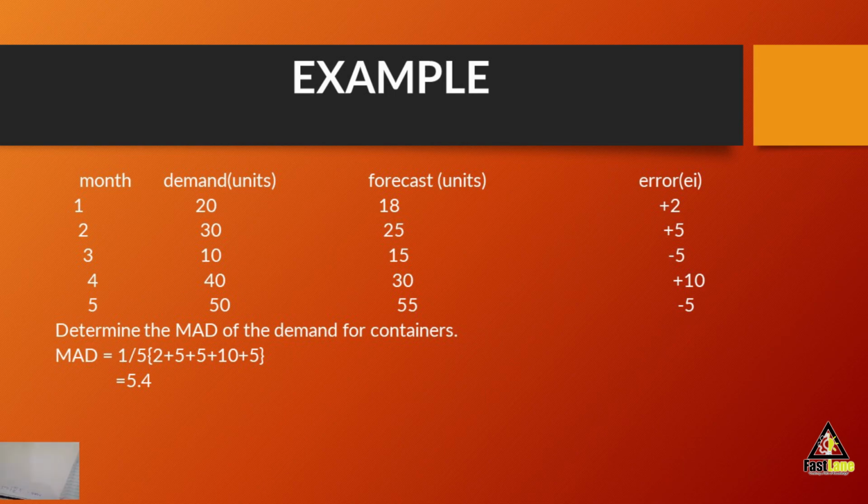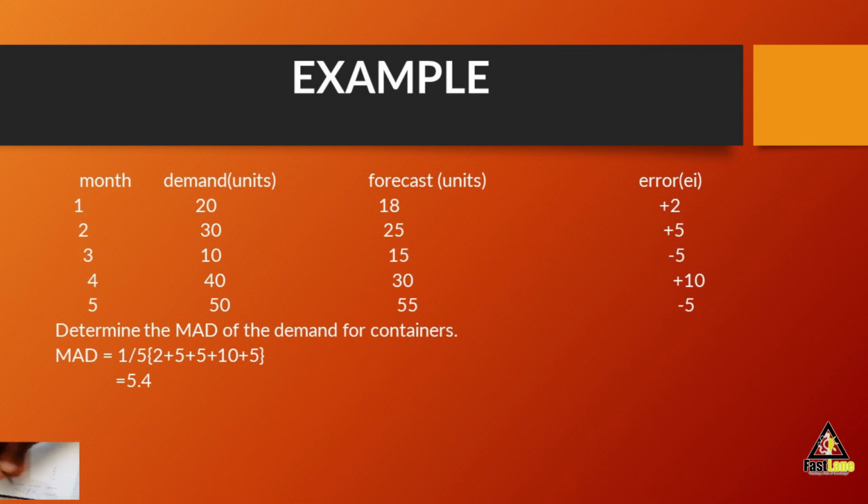Then we are given this example. We have month, demand in units, and forecast. That's what we are given. Then we have month 1, month 2, month 3, month 4, and month 5.